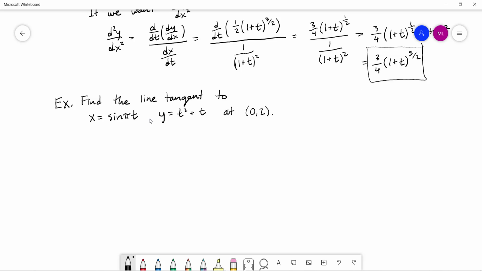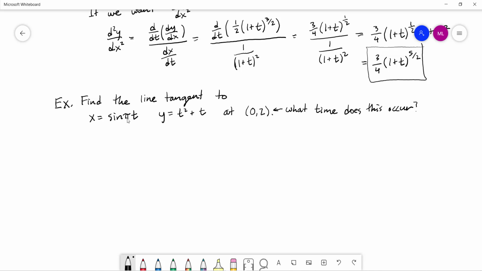One thing we need to do, and it kind of depends on how the question is phrased, is we need to figure out what time this point corresponds to. So what is the value of t? What time do we pass through the point 0, 2? We can set either one of these equal, so set this equal to 0, or set this equal to 2, and try to solve.